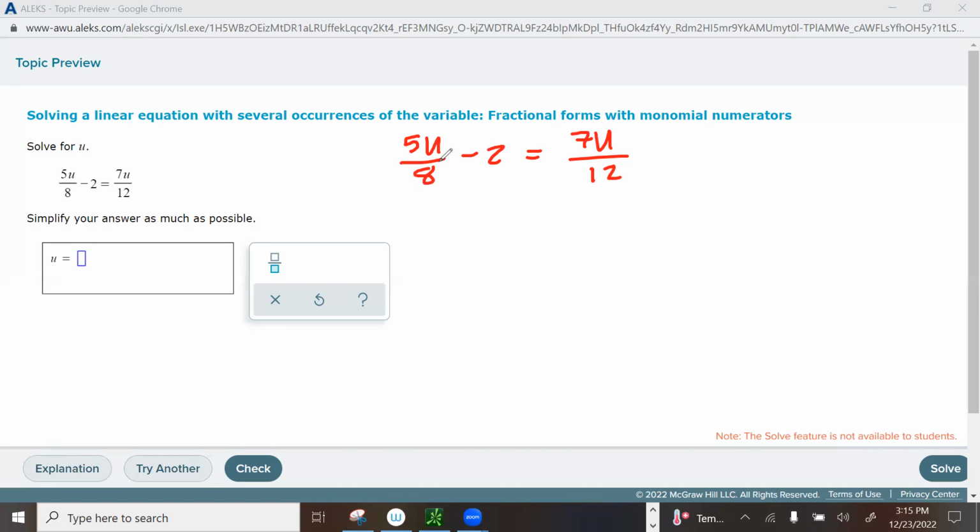So here's what I'm thinking. I'm thinking we could just subtract 5u over 8 from both sides, because if I'm going to move that u, I have to move everything in that term. I can't just do the u. I have to take the entire term. It's kind of like saying, well, I want to be a social worker.